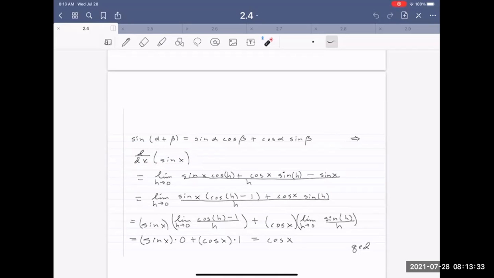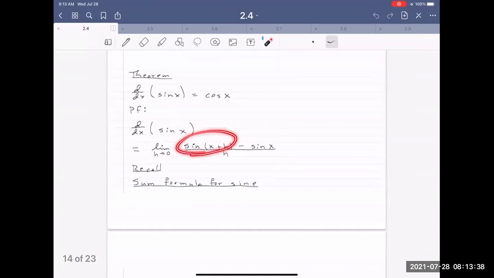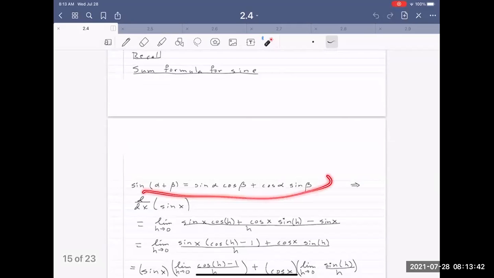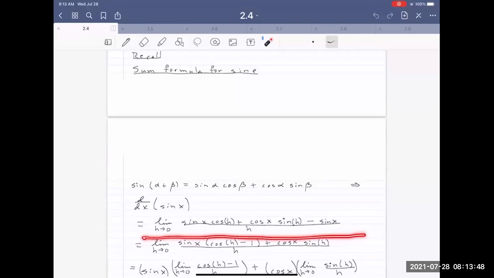Now I can simplify this term using this fact. So the derivative of sine x is the limit as h approaches 0 of sine x cosine h plus cosine x sine h minus sine x, all over h.